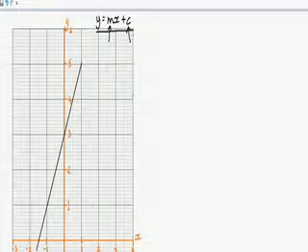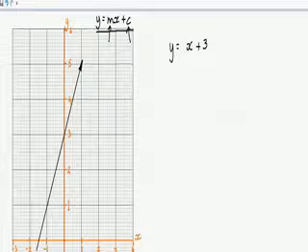Finding where it cuts the y-axis is really easy because we can see. So y equals something x, and we can see that it cuts at plus 3. So all we need to know now is how many x. The line is going uphill, so I know it's going to be plus something x.